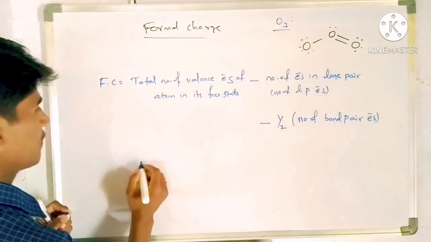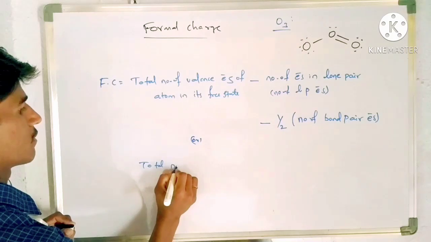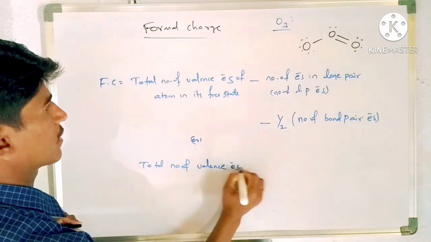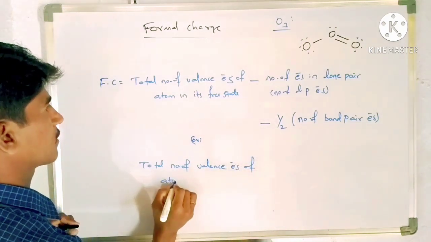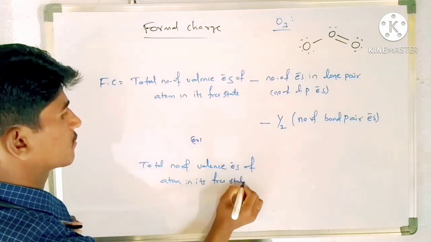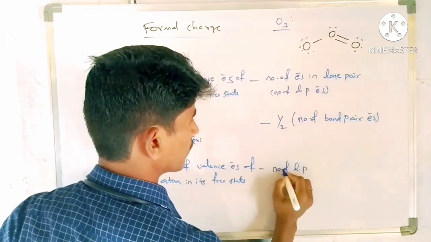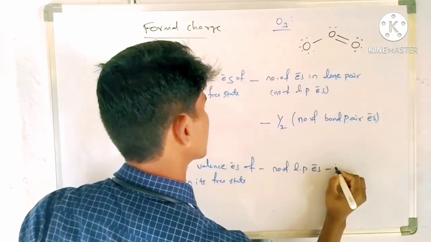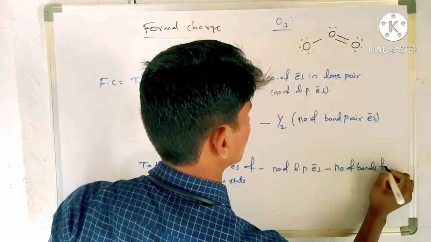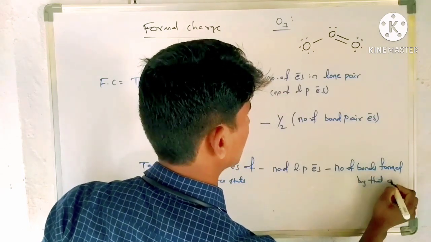Or simply, we can say the formal charge is the total number of valence electrons of the atom in its free state, minus the number of lone pair electrons, minus the number of bonds formed by that atom.